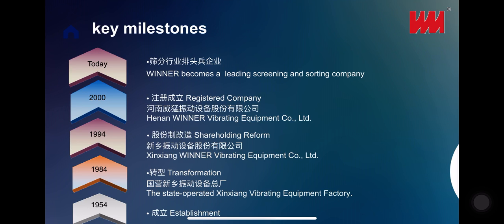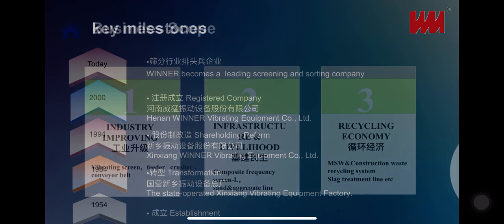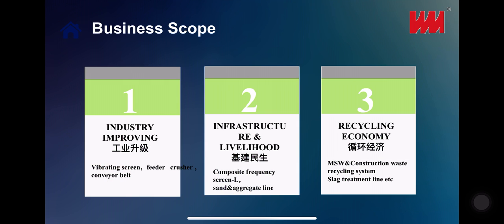Today, after over 60 years of development, we have grown into a leading screening and sorting company in China, with products exported to many countries and regions. The business scope of our company covers industry upgrading, infrastructure and people's livelihood, and recycling economy.